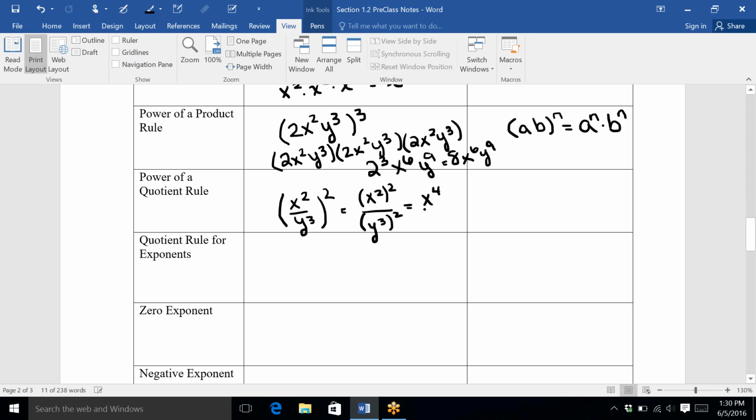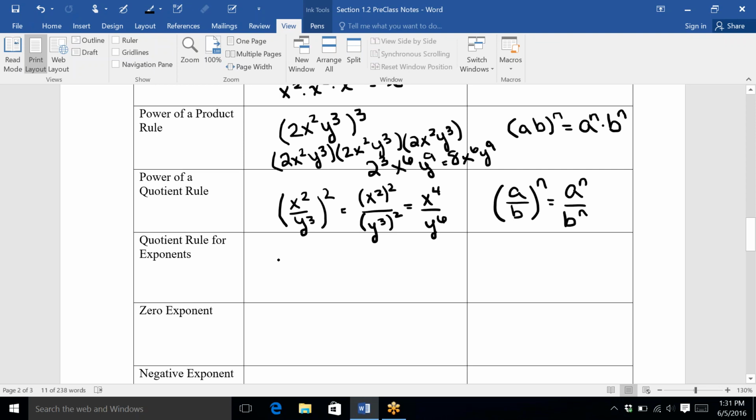So this is x to the 4th, and this is 3 times 2, so y to the 6th. So if you have two separate bases, one on top and one on bottom, with a power on the outside, the power applies to both bases. Now notice, in both of these scenarios, I had no adding or subtracting going on. As soon as you put in adding or subtracting, this rule does not hold. So this is for multiplication of bases and division of bases.